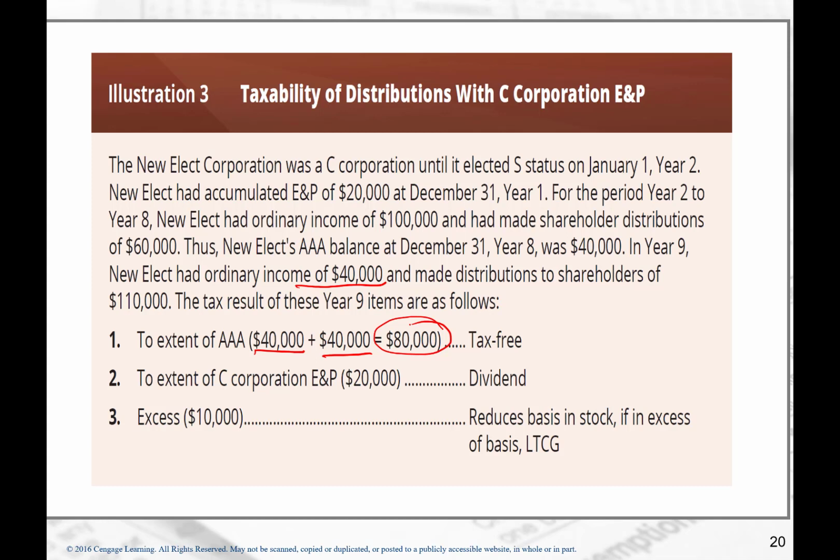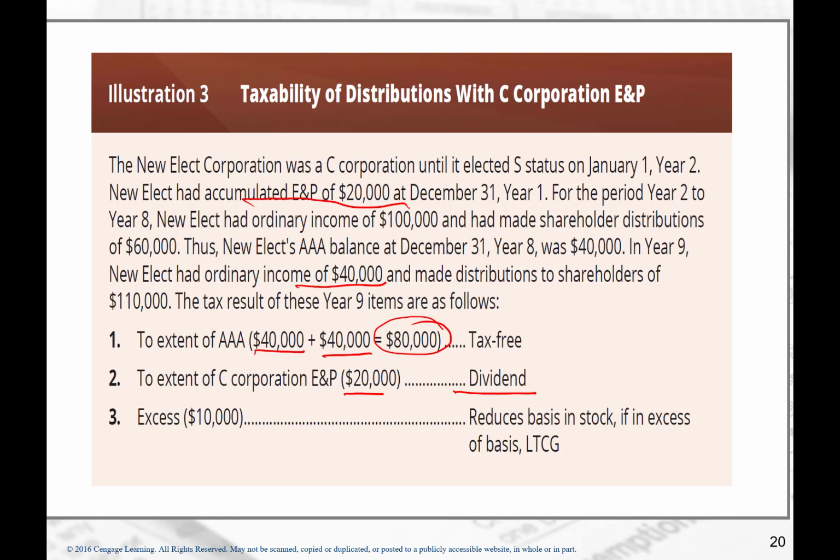They've already paid taxes as shareholders on those. So that distribution of the 110 is tax-free, right? Then we go, and the next 20,000 is going to be treated as a dividend, because they're looking at that as a distribution, as a dividend from the C Corp years, right?